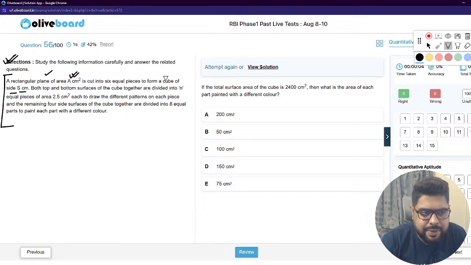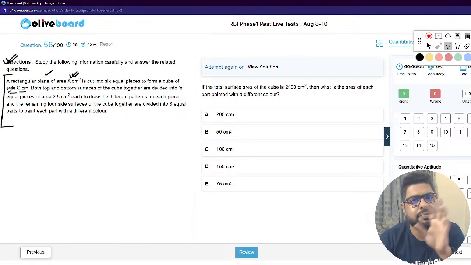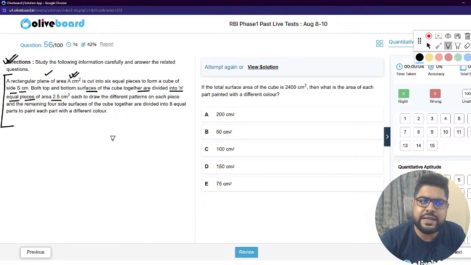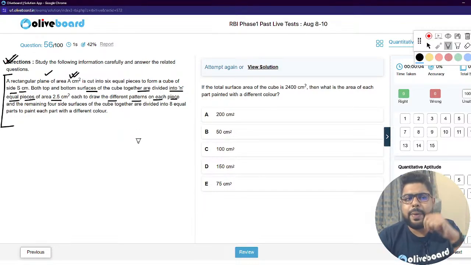The better word would have been edge instead of side. Both top and bottom surface of the cube together are divided into n equal pieces of area 2.5 centimeter square each, to draw a different pattern on each piece. So top and bottom.